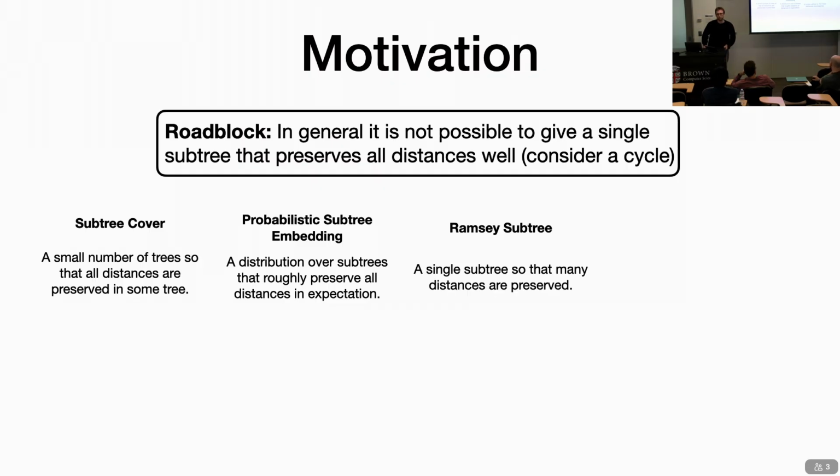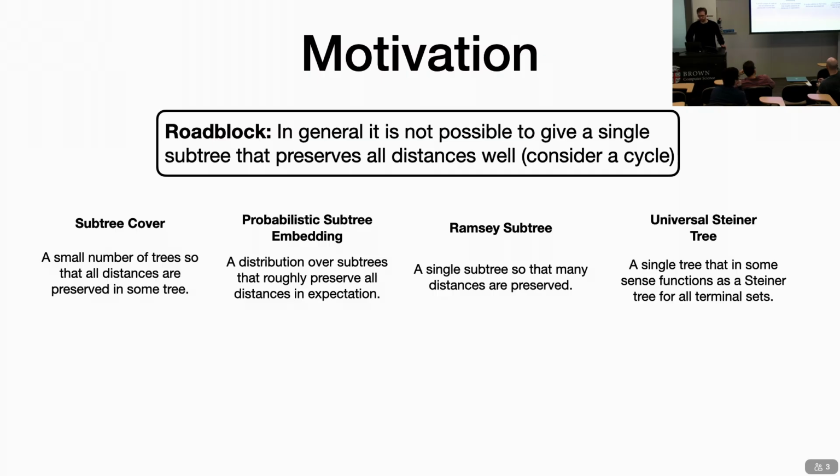This is going to be a single tree where many of the distances are preserved. Some are not. And lastly, there's a universal Steiner tree, which you can think of as a single tree where for any set of terminals, it gives good results for a Steiner tree. Don't worry if any of those things don't make sense. The point is there's a lot of different ways you can try to embed a graph's distance into a subtree.